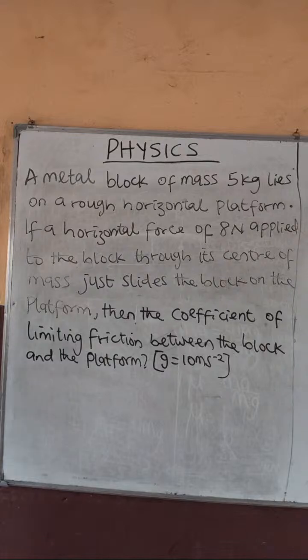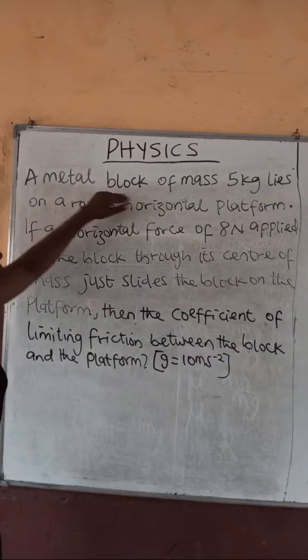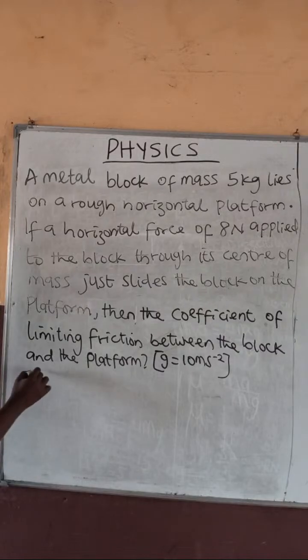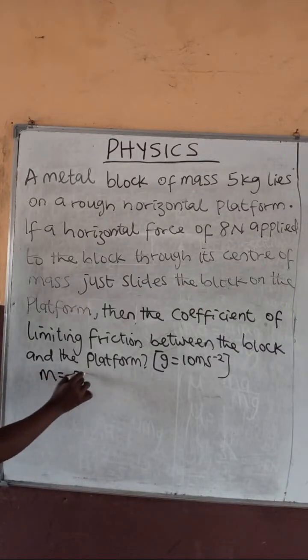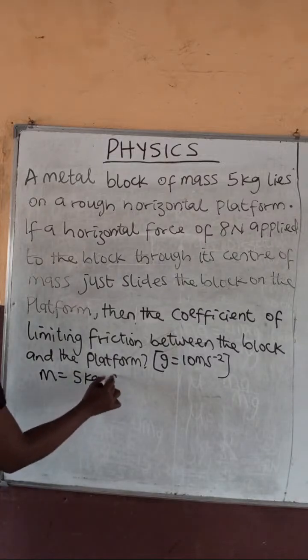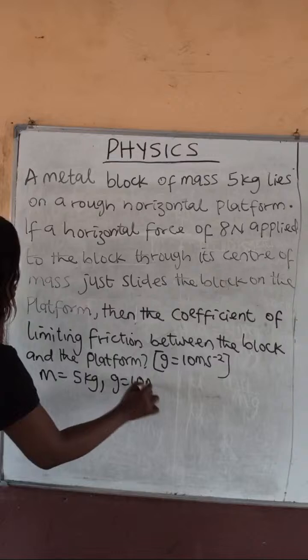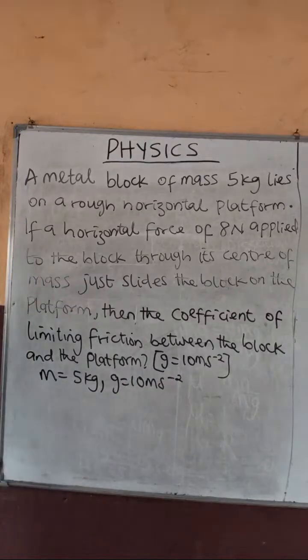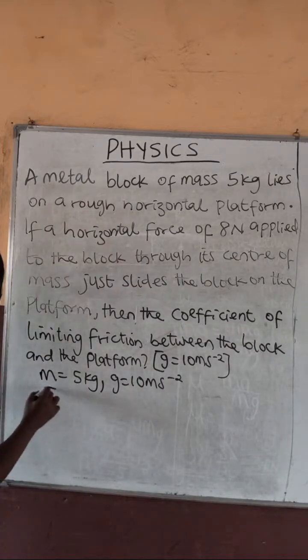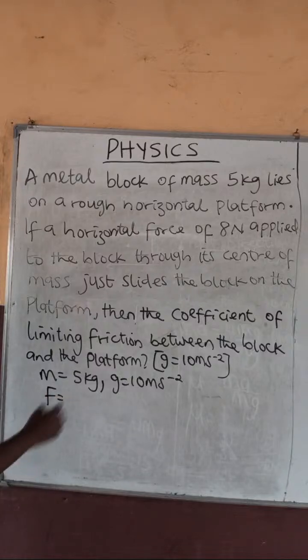So we are given a metal block, the mass of it is 5 kilograms. Then I have g to be 10 meters per second square. Frictional force F is equal to 8 Newton.